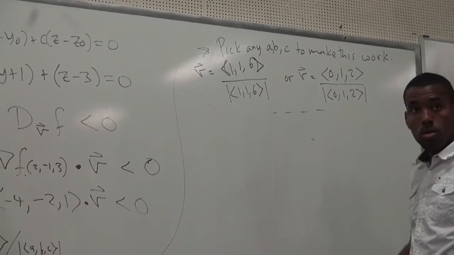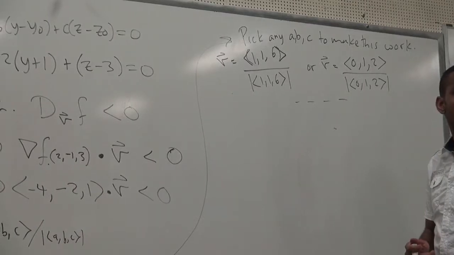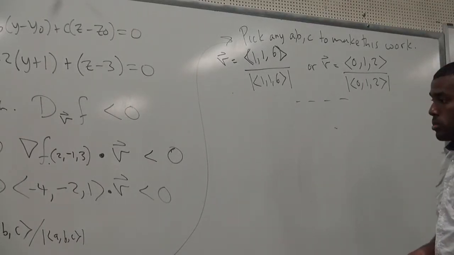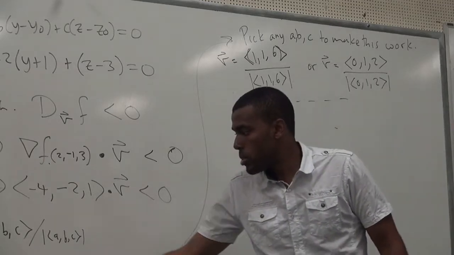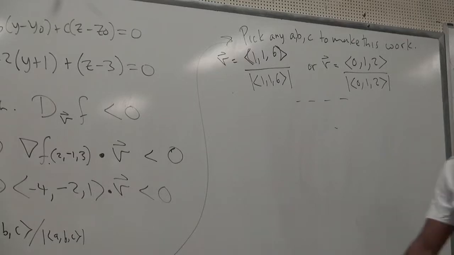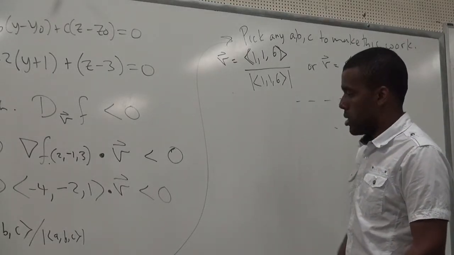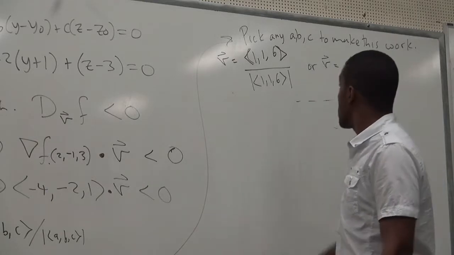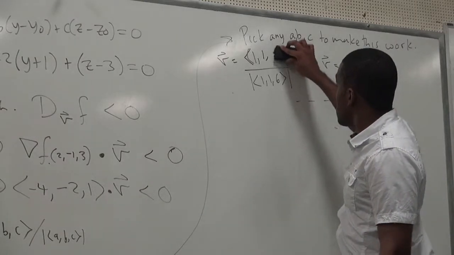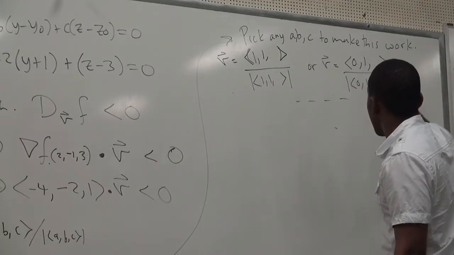You can go straight to a unit vector, right, by just doing something like (1, 0, 0). If you did (1, 0, 0), you would go straight to a unit vector. Yes, (1, 0, 0) would work. That would be negative. I was setting these equal to 0, but I actually want less than 0. So anything less than 2 would work.